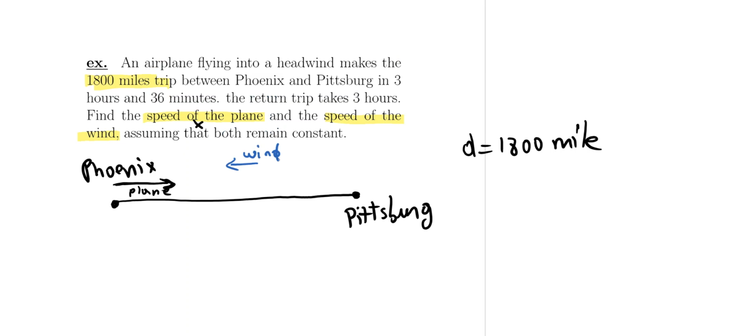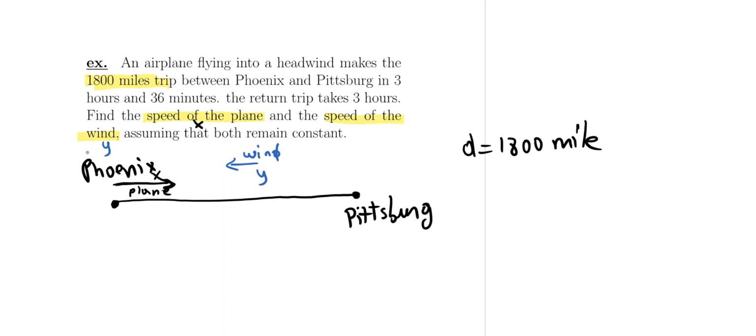So basically the resulting speed is going to be the speed of the plane minus the speed of the wind. The wind is not helping. So going from Phoenix to Pittsburgh, the resulting speed is x minus y, because we said that the speed of the wind is y.